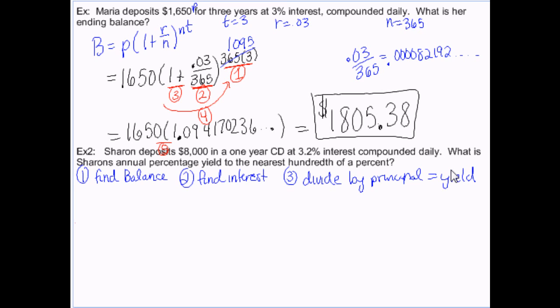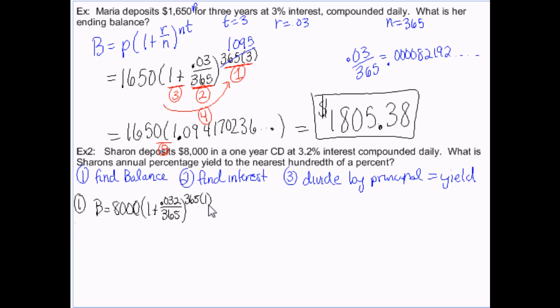So step 1, we're going to use the same formula. So our balance is going to be our principal times 1 plus our rate divided by n. We're compounding daily, so it's 365. And it's 1 year, so times 1. Well, I don't actually have to do that multiplication because I know that anything times 1 is itself.